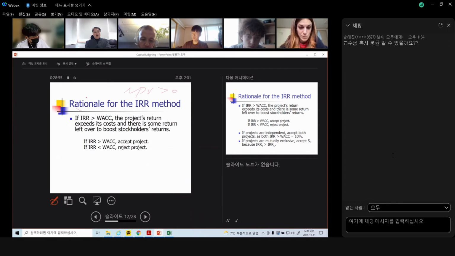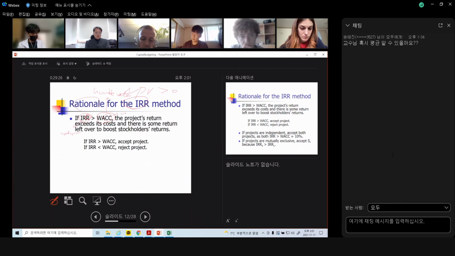How about the rationale for the IRR method? If the IRR is higher than the WACC, so the WACC plays a role as a hurdle rate to make the decision. If IRR is higher than WACC, then the project's return exceeds its cost. IRR is the return, internal rate of return.